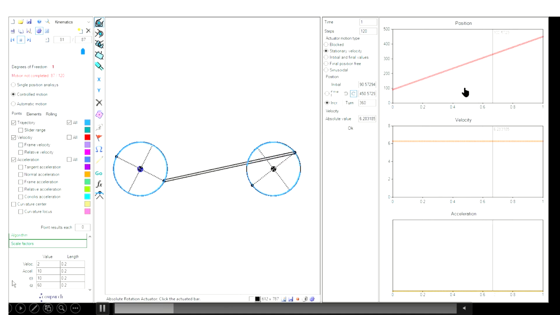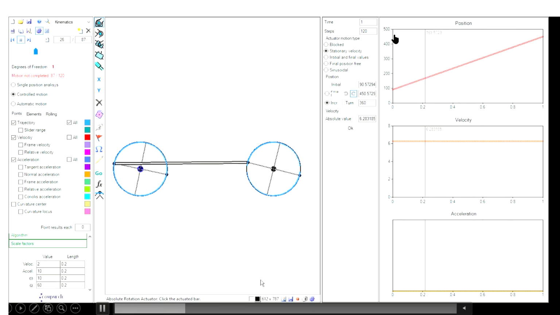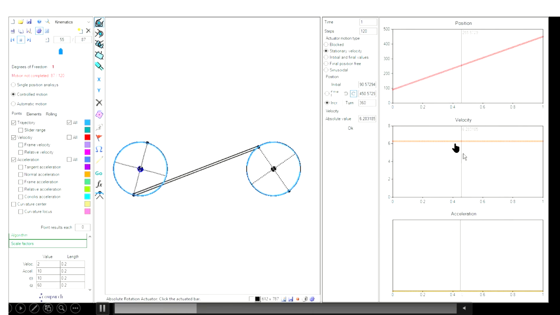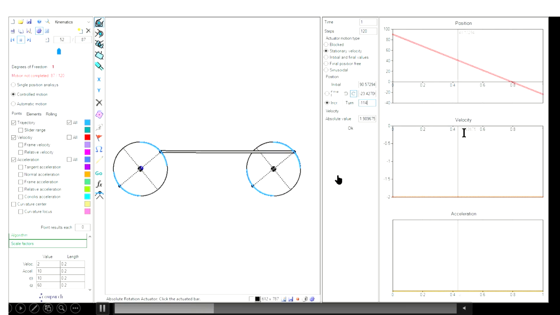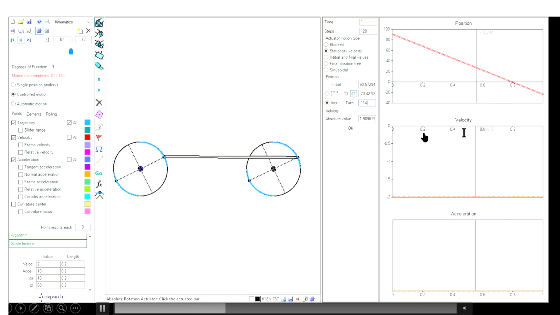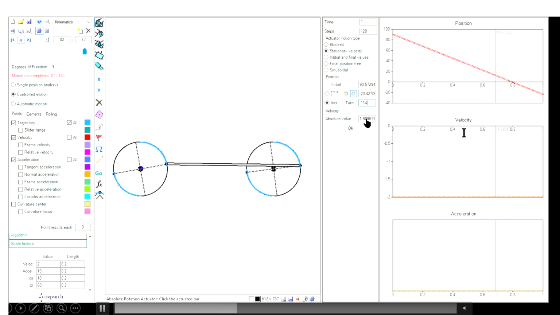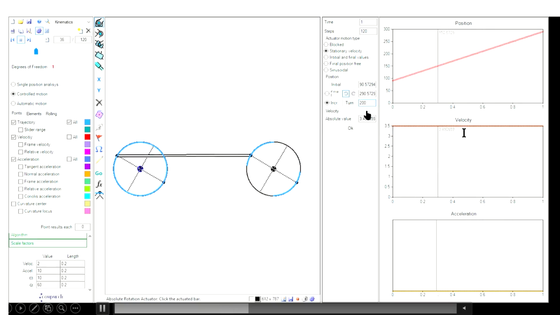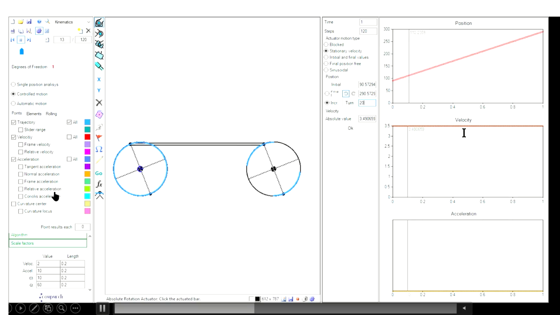This is the graph for the two pulley mechanism: position against time, velocity against time, and acceleration against time. As we can see, the velocity is either 2 or -2 with different turns. So this is the movement.